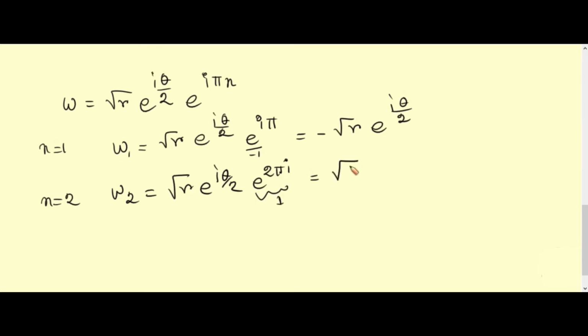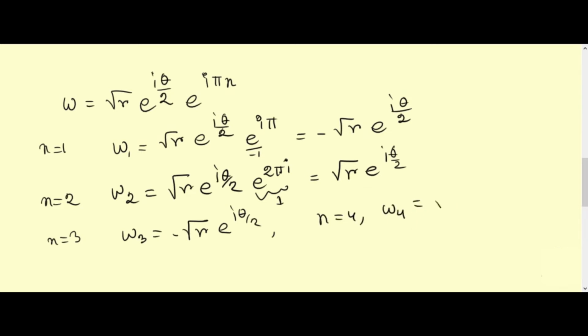So we'll have square root over r e to the power i theta by 2. Similarly, for n equals 3, you can easily see that it will be 3 pi i, and this will again correspond to minus square root over r e to the power i theta by 2. For n equals 4, we'll get square root over r e to the power i theta by 2, and so on.